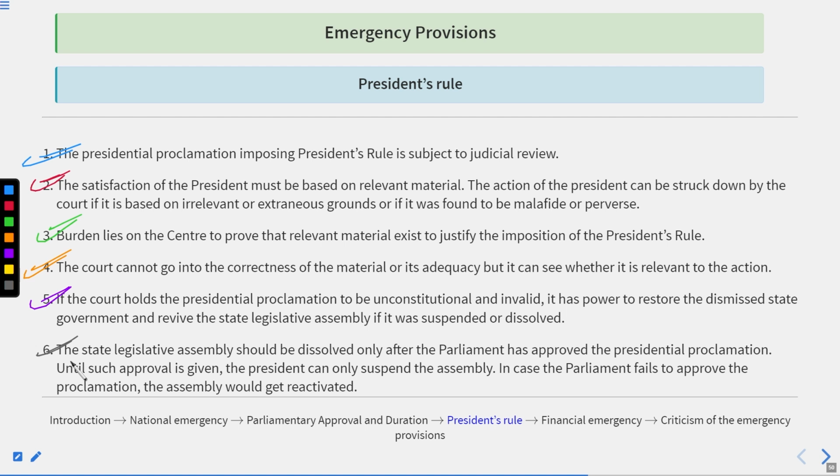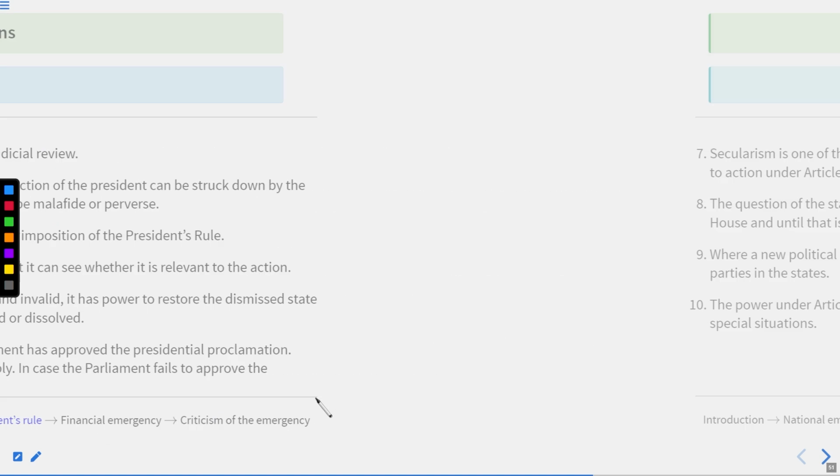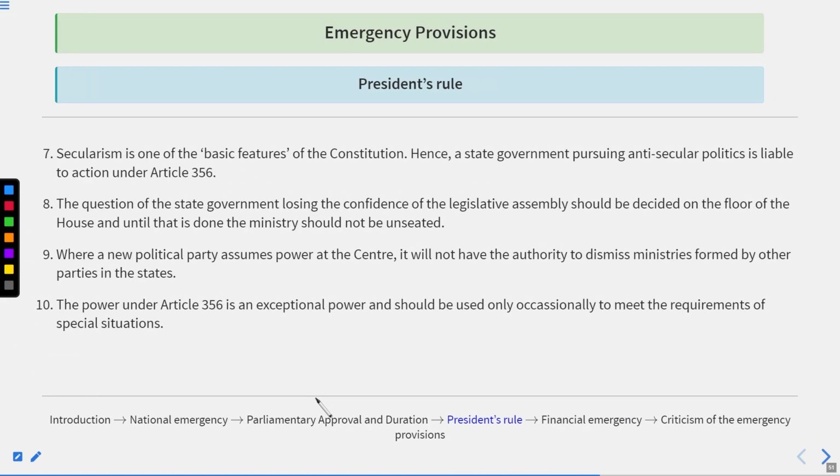It means the president alone could not dissolve the assembly unless the parliament authorizes it. Until such approval is given, the president can only suspend the assembly. In case the parliament fails to approve the proclamation, the assembly would get reactivated.